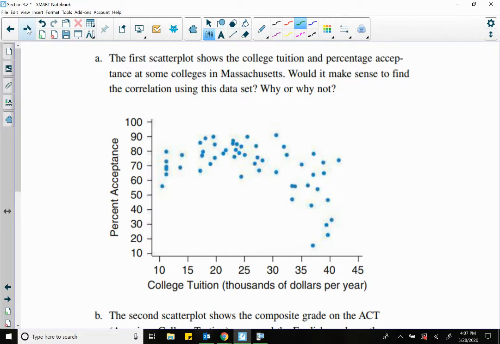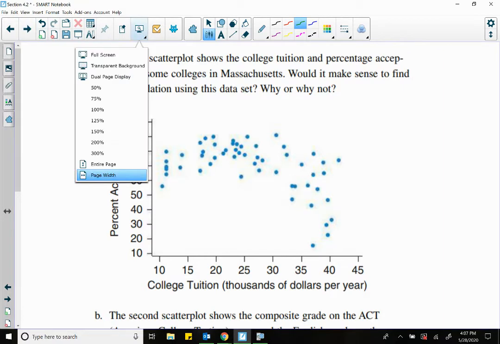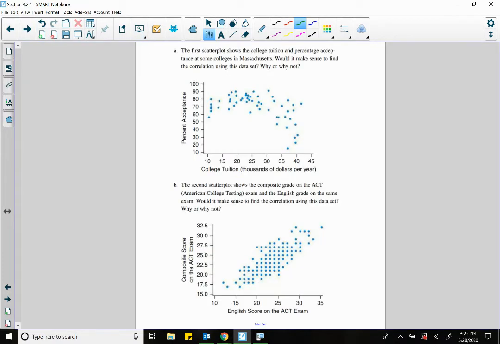So the first scatter plot, okay, I'm going to actually go to the page width of this. So it's A right here. It says the scatter plot shows the college tuition and percentage acceptance at some colleges in Massachusetts. Would it make sense to find the correlation using this data? Why or why not?